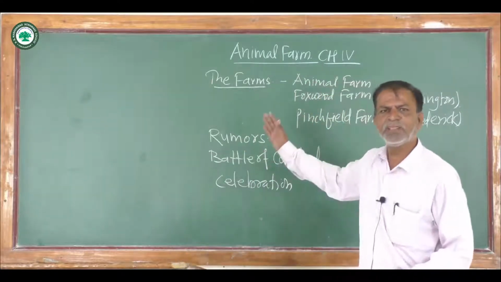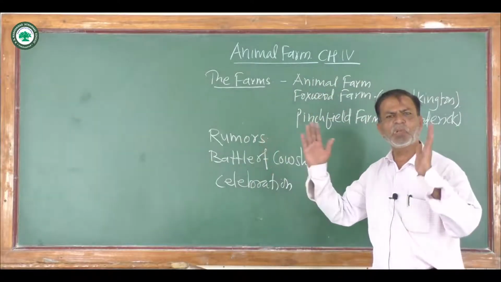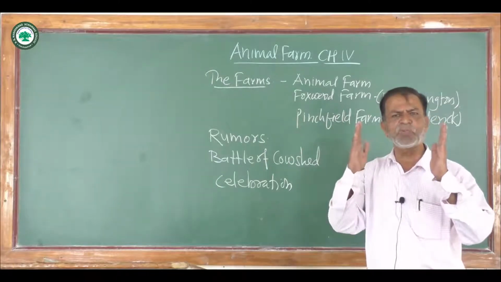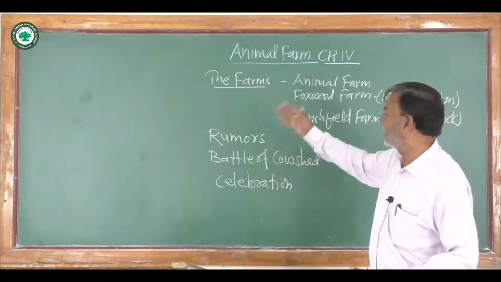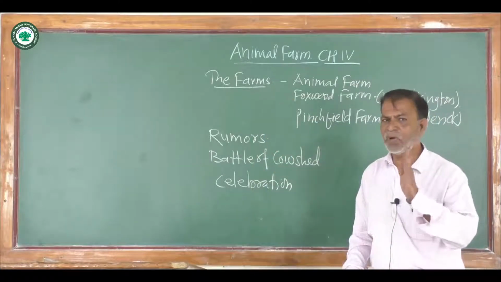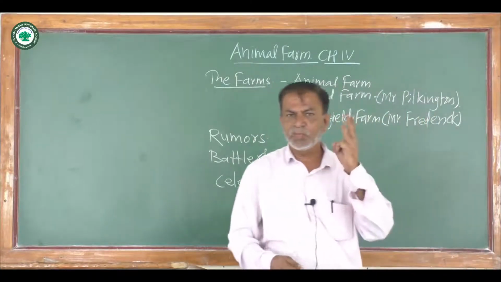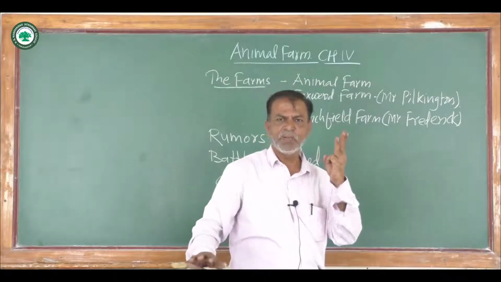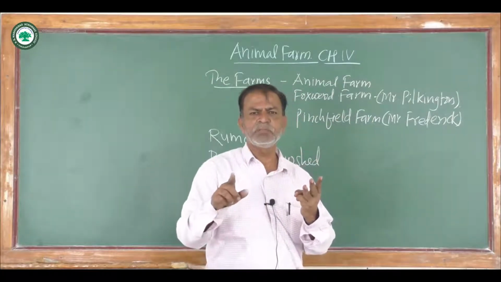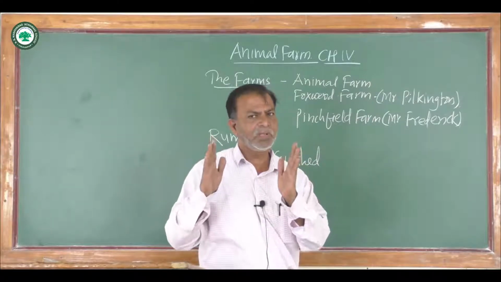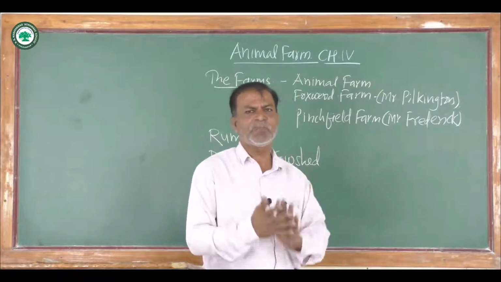Now here is the lesson plan for you, or what are the important incidents which are going to take place in this chapter. Number 1 is the farms. There are 3 farms. Number 1 is Animal Farm, which belongs to animals now. The animals are ruling this farm.